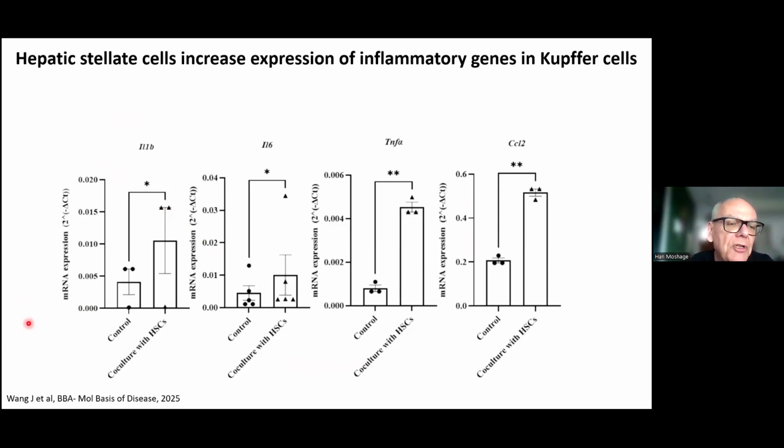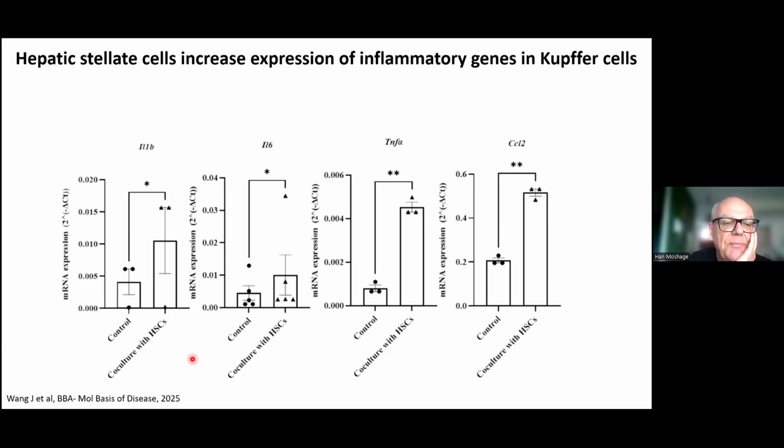This is an example in which we do cultures of Kupffer cells and stellate cells together. So they are in separate compartments. They are not in physical contact, the stellate cells and the Kupffer cells, but they are able to communicate via soluble factors.